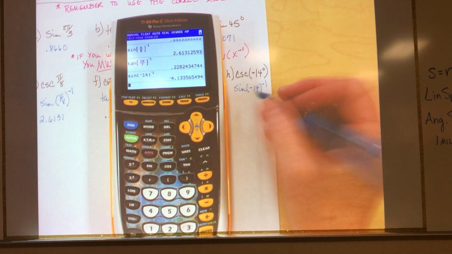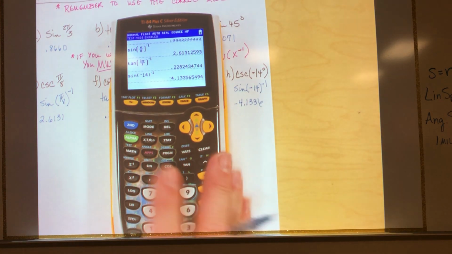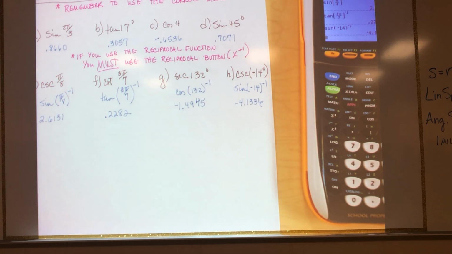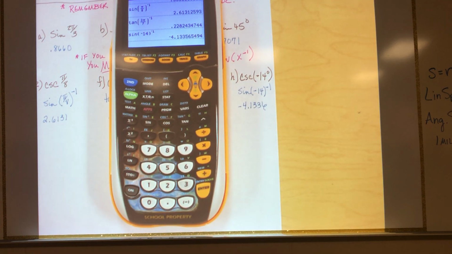Negative 4.1336. Yes? Yep. I got something different. I don't need degrees. Does your calculator look like that? No.